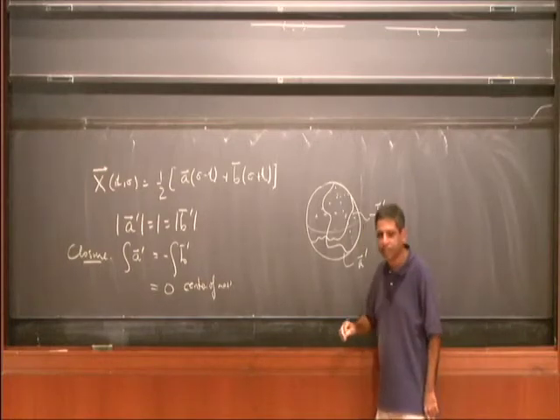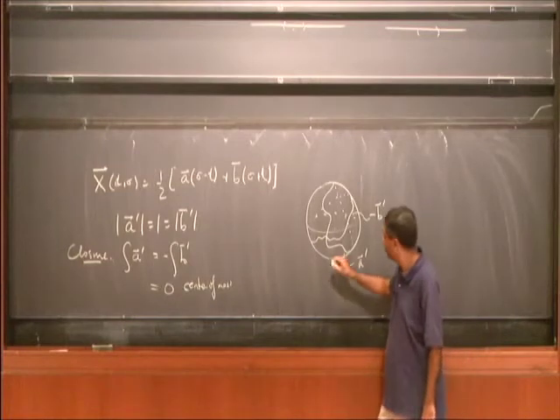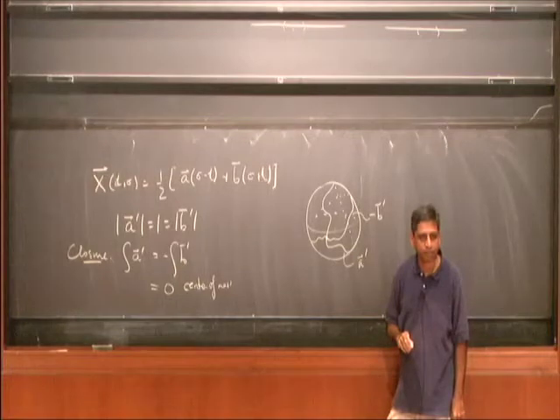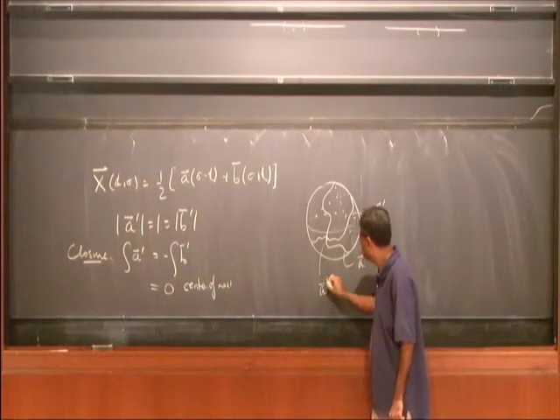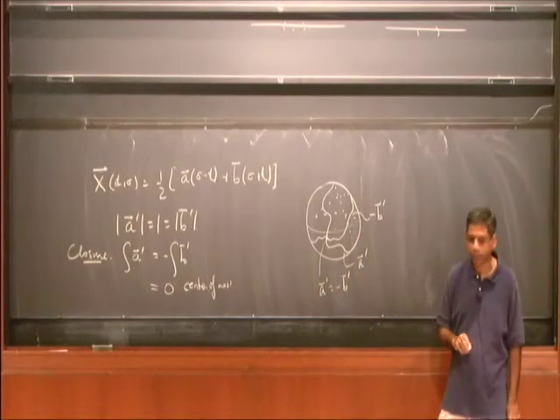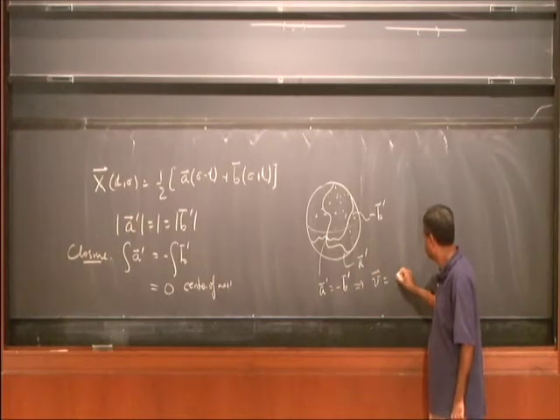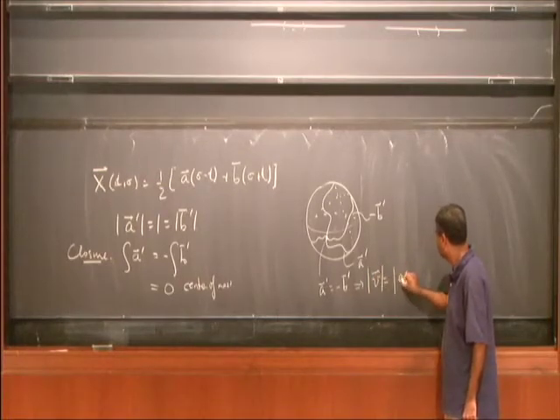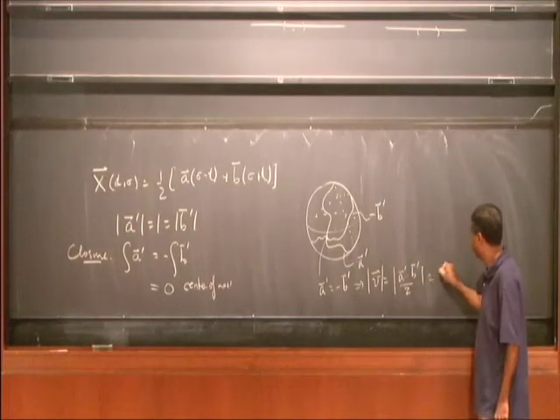But notice that generically, when you draw paths on the sphere, they will intersect somewhere. Okay, and this intersection is very important. This is where A prime is equal to minus B prime. If you calculate the magnitude of the velocity, that is A prime minus B prime by 2, and that will turn out to be 1.